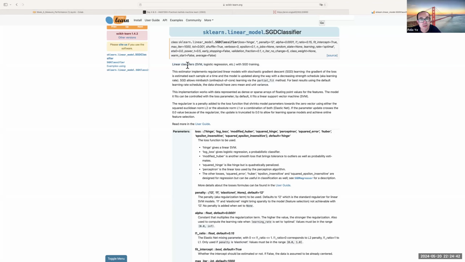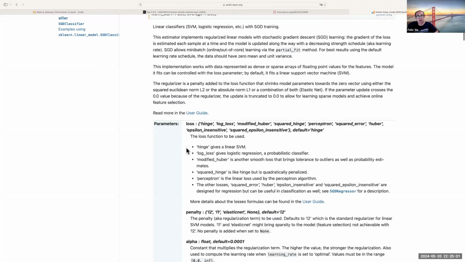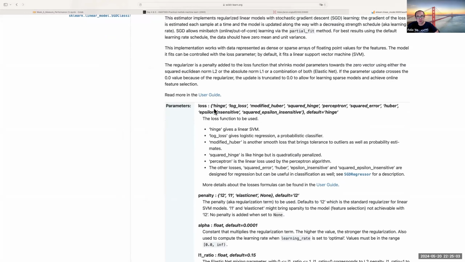I think the default is linear SVM. Hinge loss gives the linear SVM, so that's the default method.